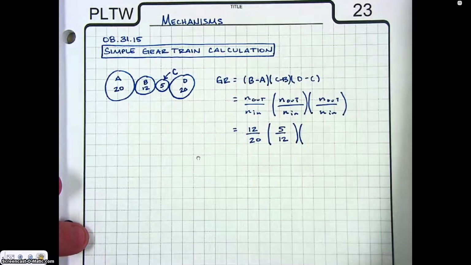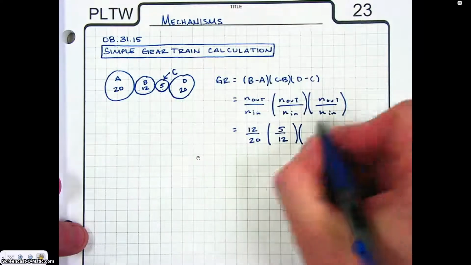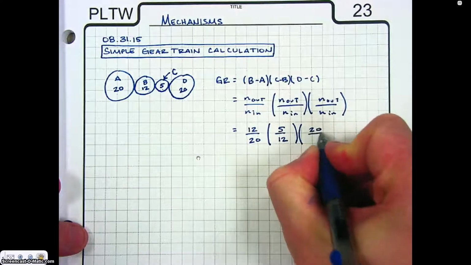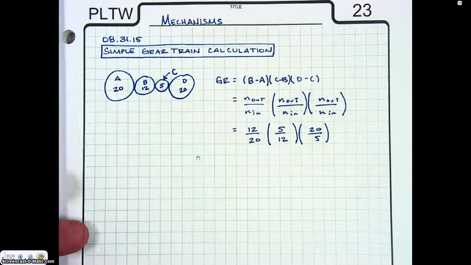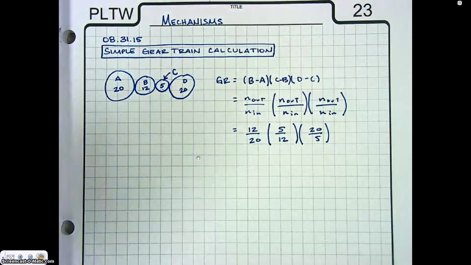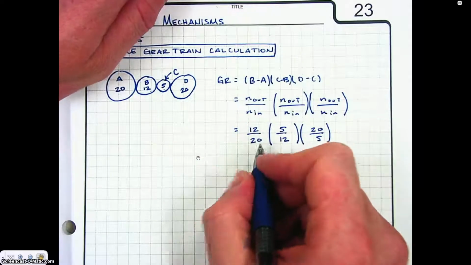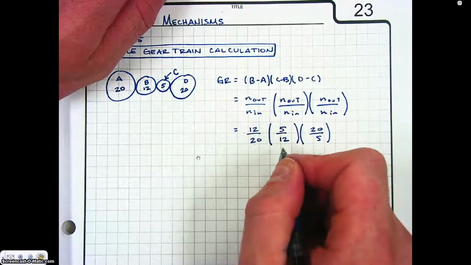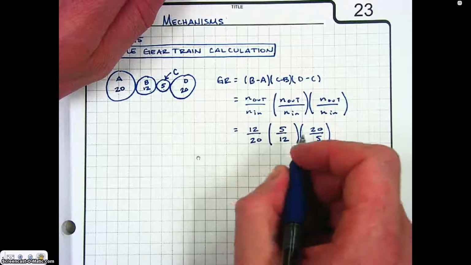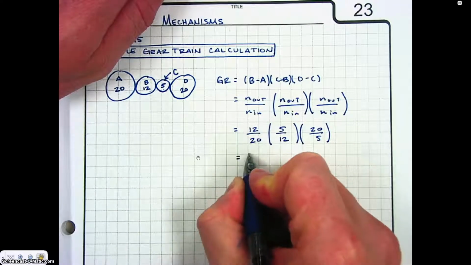And lastly, D to C would be 20 to 5. So if you calculate that all out, multiply those together, you get a gear ratio of 1.